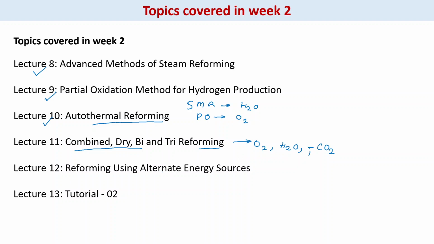In lecture 12, you studied some alternate energy sources. So far, in the autothermal reforming process and combined dry and bi reforming process, we used an external heat source to supply the thermal energy required to run the reaction.